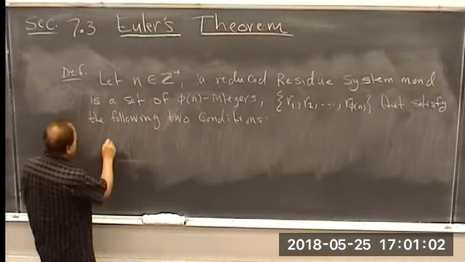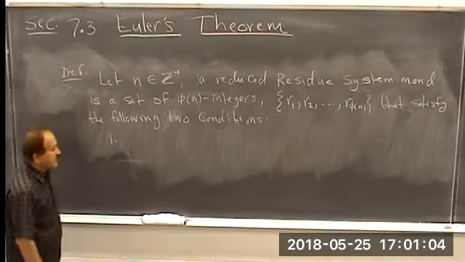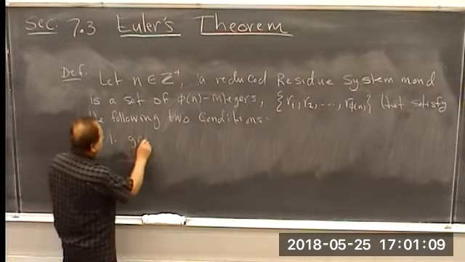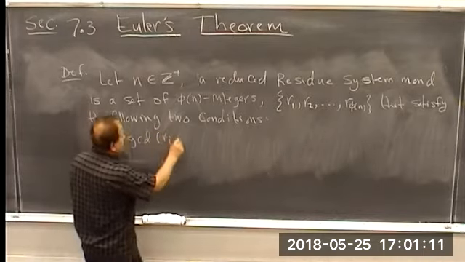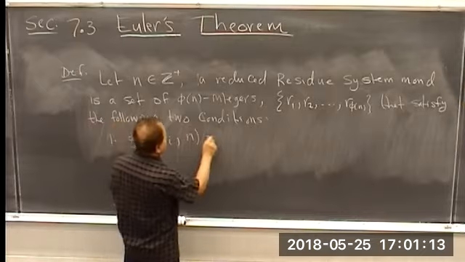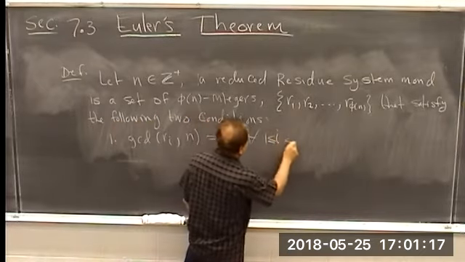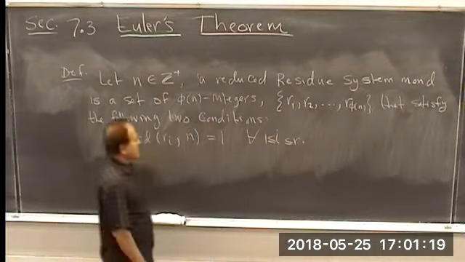The first one, each one of these is relatively prime: the greatest common divisor of Ri with N is equal to 1 for every i between 1 and phi of N.